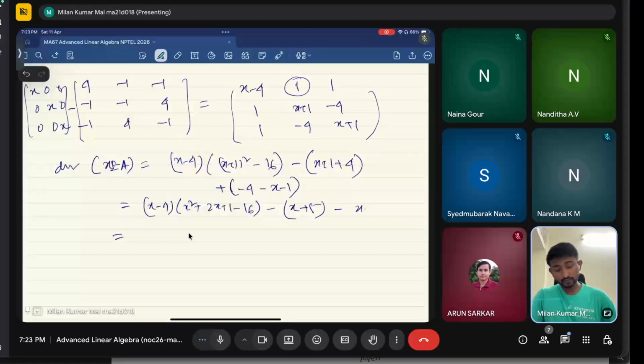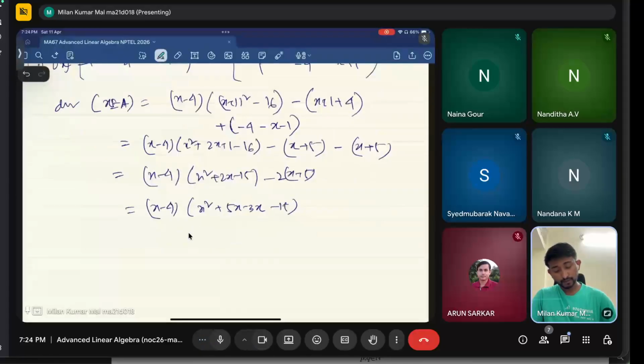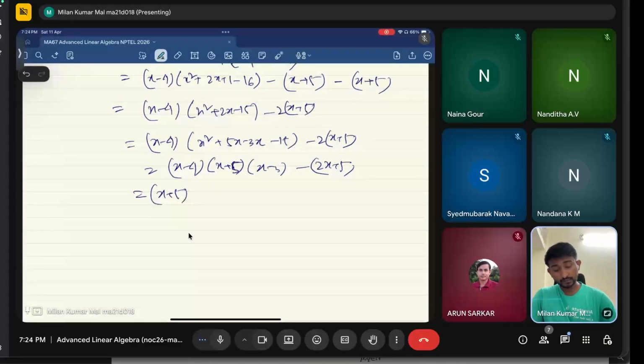Breaking 15 as 5 and 3, this is going to be x minus 4 times (x plus 5)(x minus 3), minus 2(x plus 5). The 2 is outside, so x squared minus 7x plus 12 minus 2, that is, (x plus 5) times (x squared minus 7x plus 10).